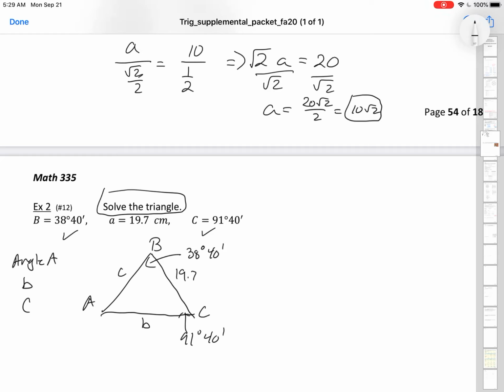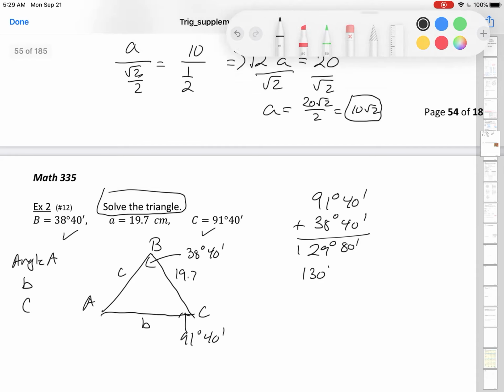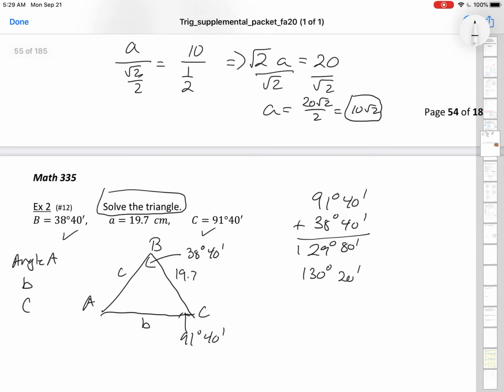So you're back into like the first chapter, taking 91 degrees 40 minutes and adding to it 38 degrees 40 minutes, and you're going to get a nice 129 degrees 80 minutes, which is really 130 degrees 20 minutes. Well, that's the sum of those two angles.